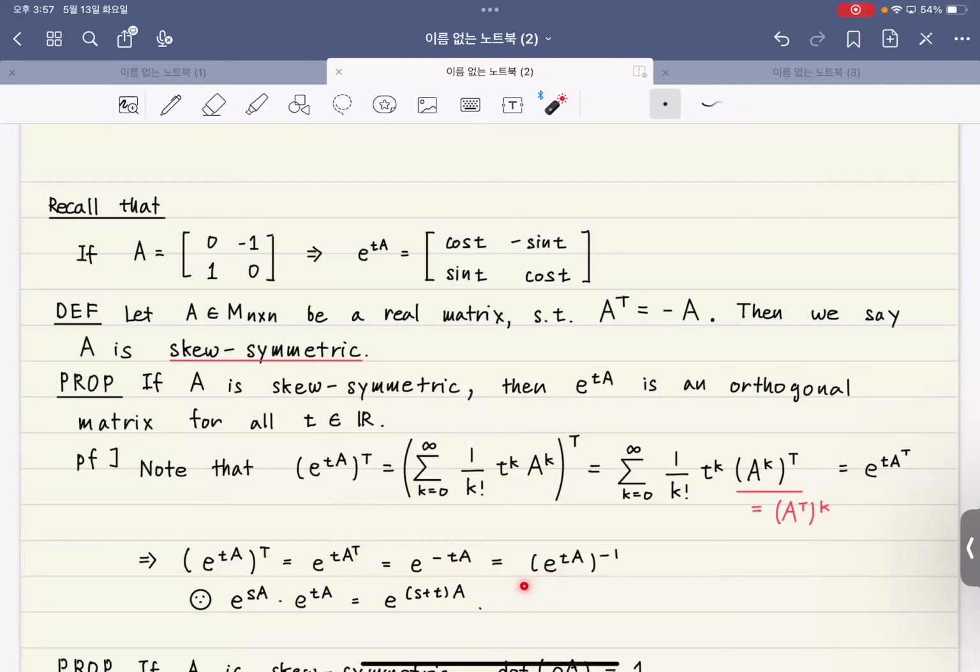Why? If you do not quite get it, then just try to remember this relation from my previous lecture. Yeah, so e^(sA) times e^(tA) is e^((s+t)A), the summation. And also the matrix exponential of the zero matrix is going to be the identity, right? Therefore, this one must be the inverse of this matrix.